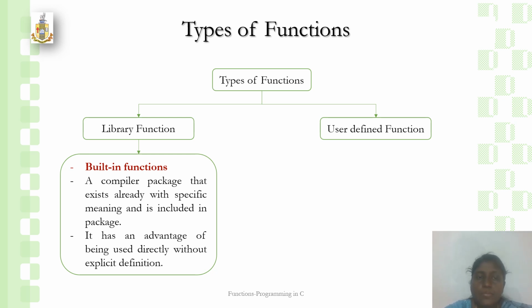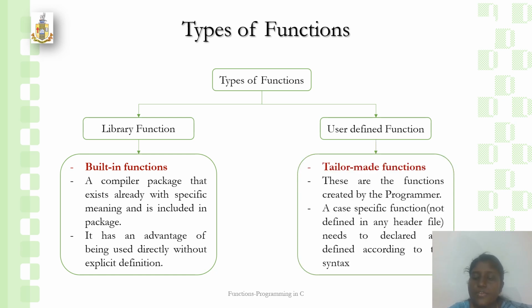In library functions, which are built-in functions, we do not need to specify the definition for the functions, as they already exist. User defined functions are the functions where a user wants to add his own function definition. Such functions are called user defined functions, also called tailor-made functions.